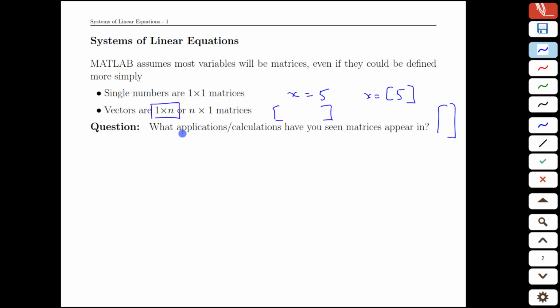Now, why is this important? Why would someone develop an entire system based around matrices as the building blocks? Well, of course, you've seen in a linear algebra class that if you're solving systems of linear equations, then writing those systems out in matrix form makes it easier to work with.